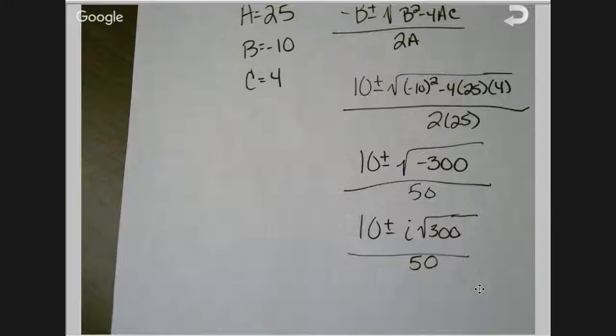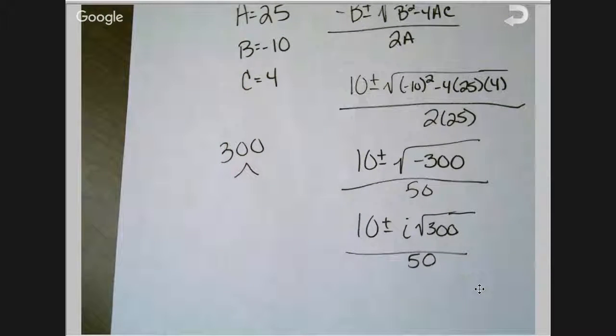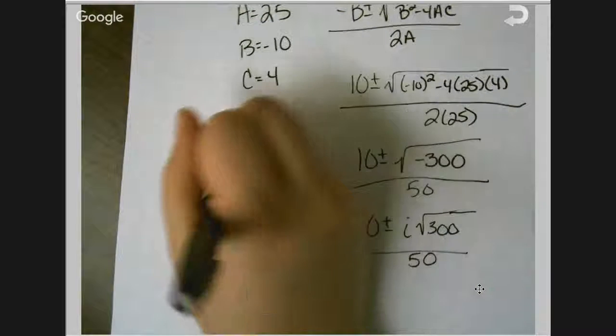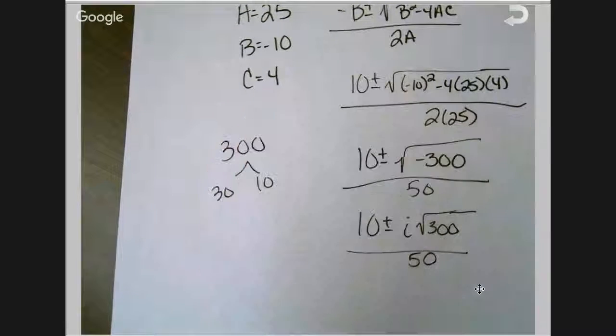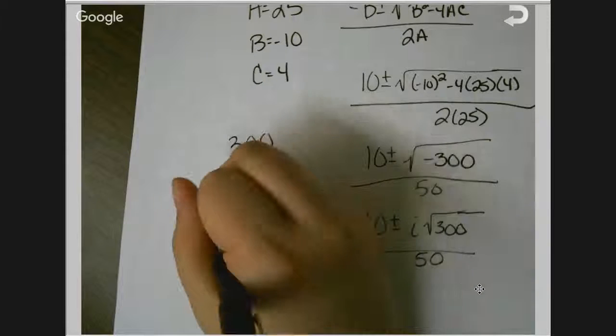Now, we're not done. You need to break this down as best you can. That 300 can be reduced. So that's when you go off to the side and you say two numbers that multiply to get 300. Well, 30 and 10 work for me. You could have done 3 and 100, it doesn't matter. Then 30 is 3 and 10.